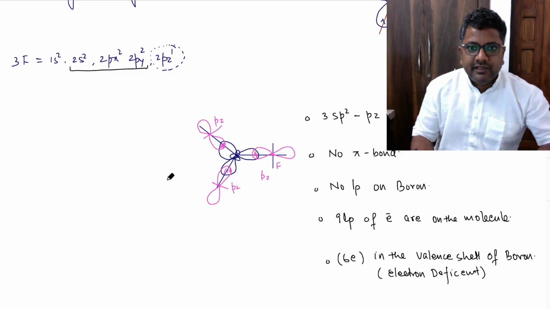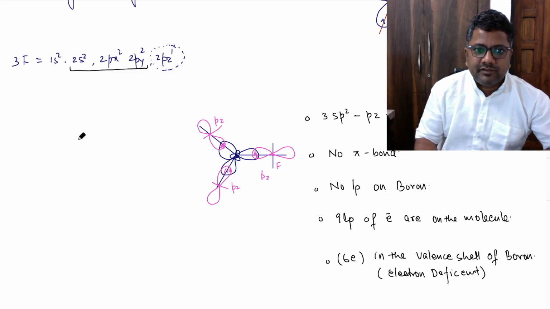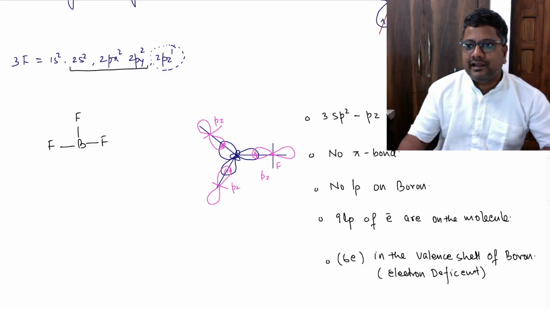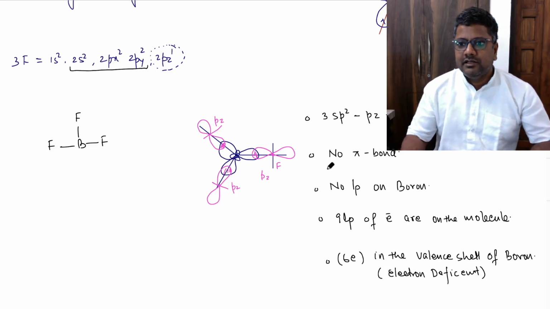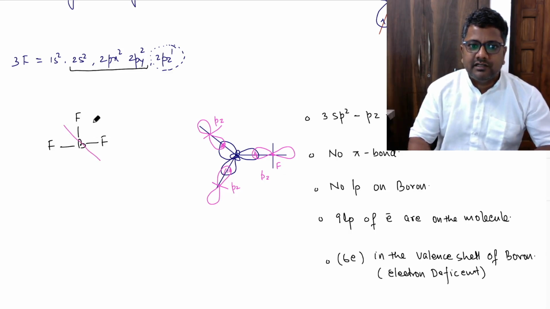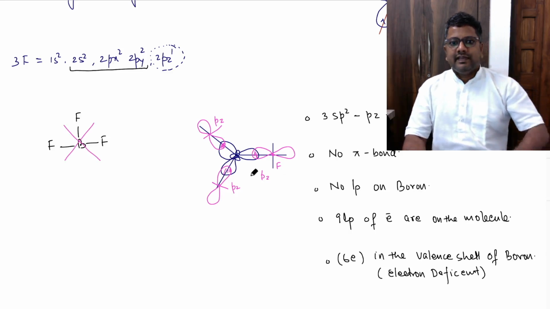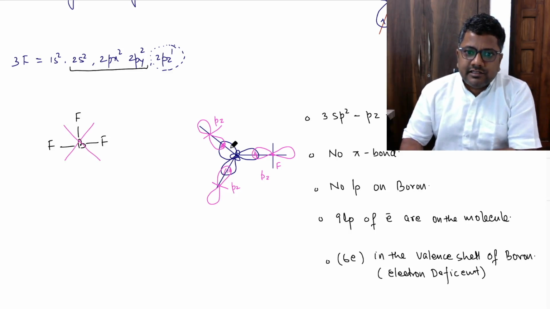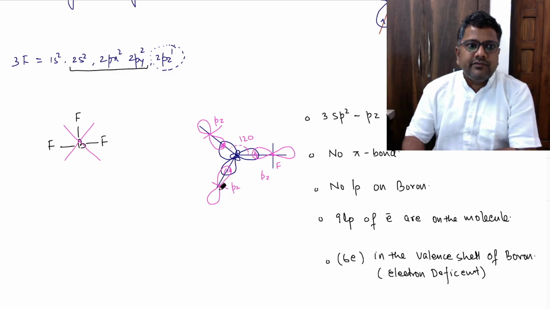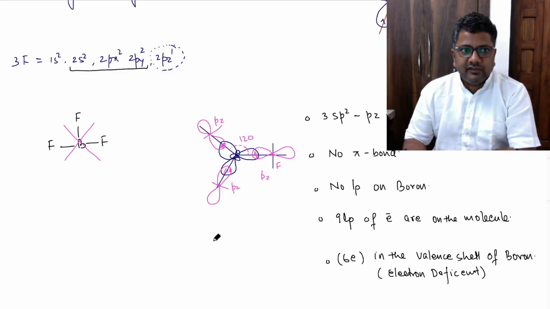Now see, if you are representing the BF3 molecule like this, this is an incorrect representation of the BF3 molecule, because now you know that the bond angle between these bonds is 120 degrees, right?